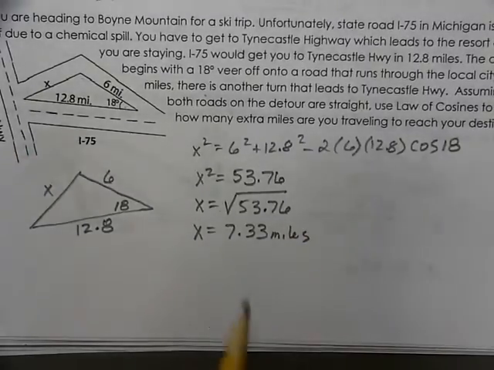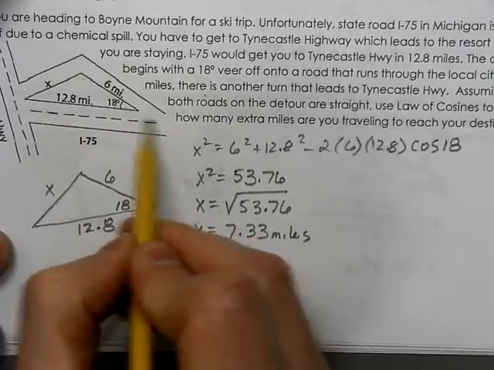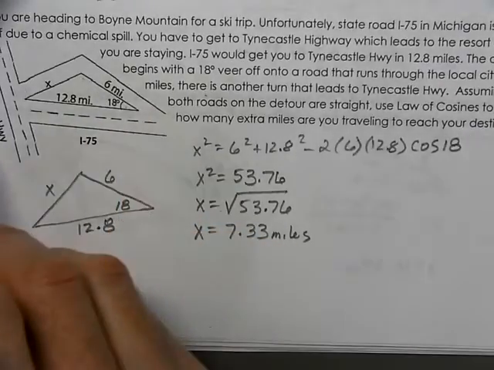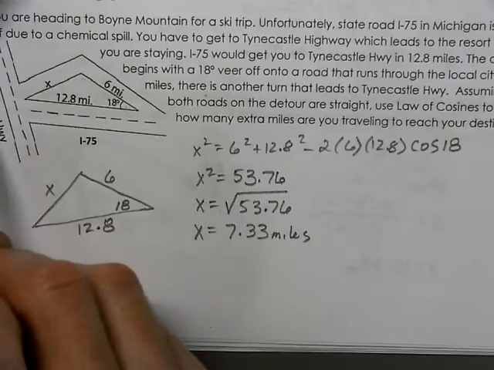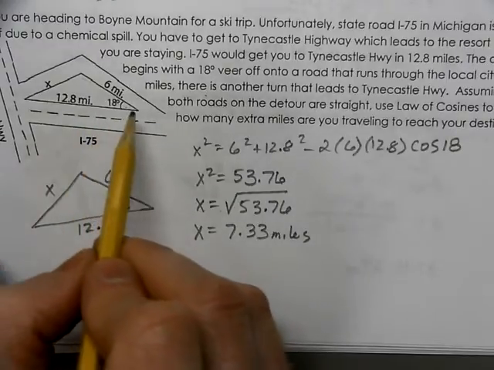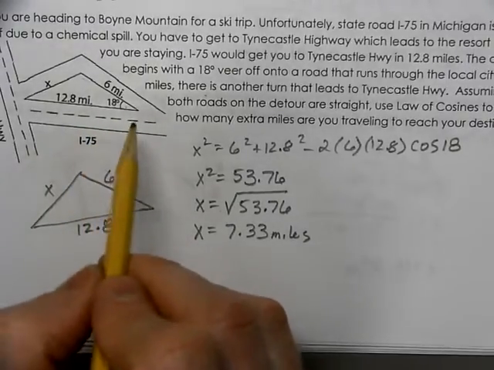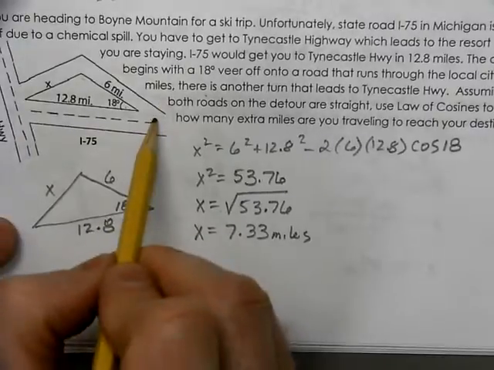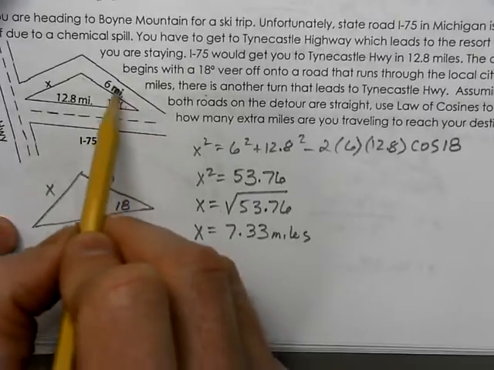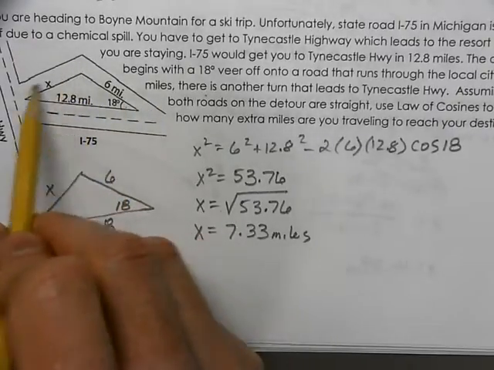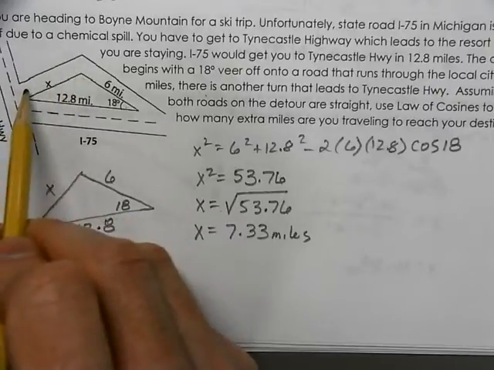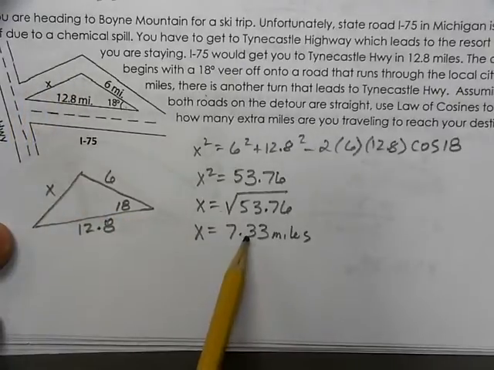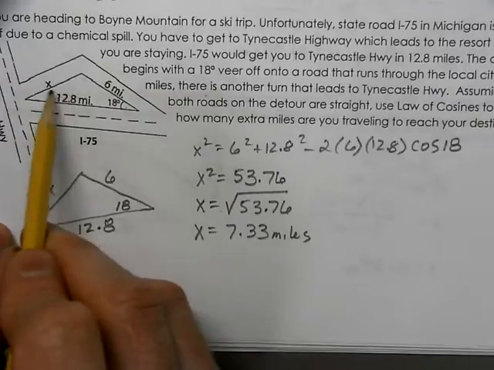Now to answer the question, we're coming across I-75, we're coming over to Tynecastle Highway, but we have to stop because of some chemical spill apparently, and we're going to veer off 18 degrees for 6 miles, and then we're going to cut back an unknown amount of miles, and that's what we calculated here at 7.33.